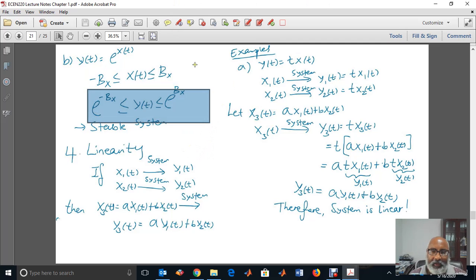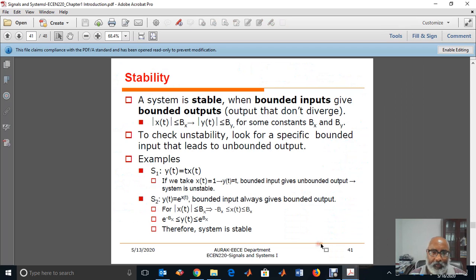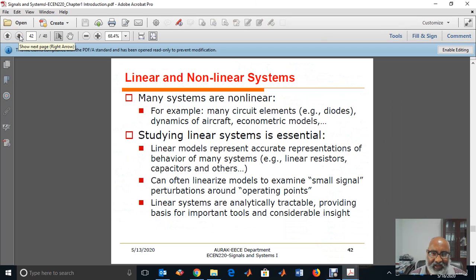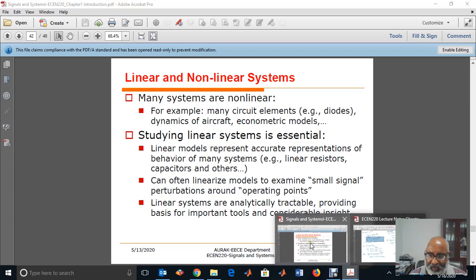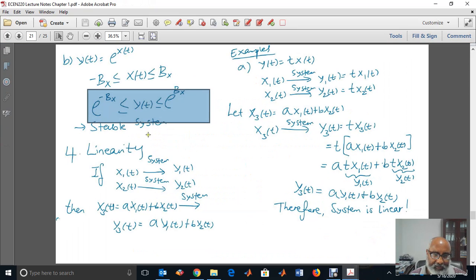Okay. And the other property is the linearity property. What is the linearity property? Mathematically, we define it like this: if the input to the system is x1 of t, then the output is y1 of t.